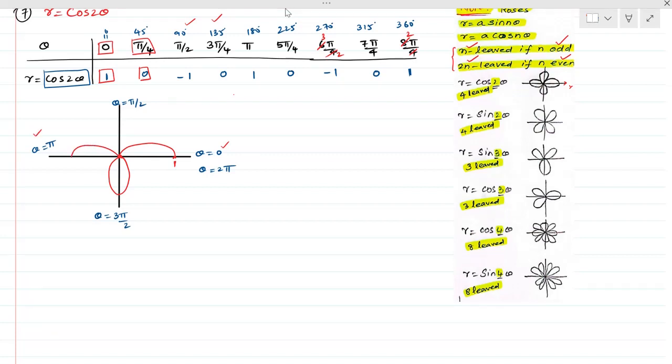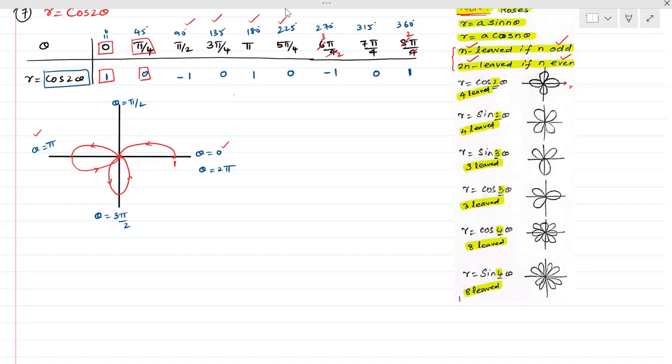Then 5 pi over 4, which is 225, equals 0 again. It will reach 0 again here. So this is number 1, this is number 2, this is number 3, this is 4, and 5. This is finished.